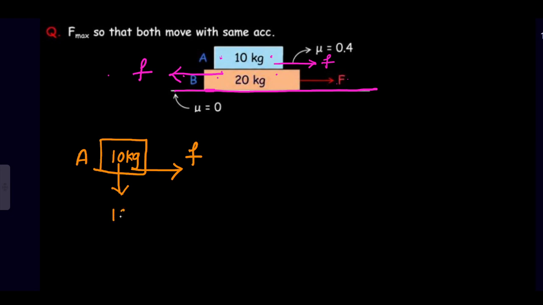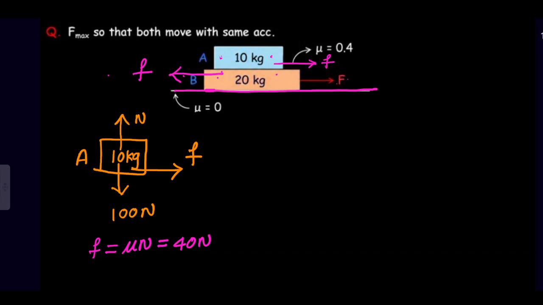How much is this weight? 100 newtons. And the normal reaction is N. So how much is the frictional force on this block? F is equal to mu into N. The mu value given is 0.4, into 100. How much is the value? 40 newtons.